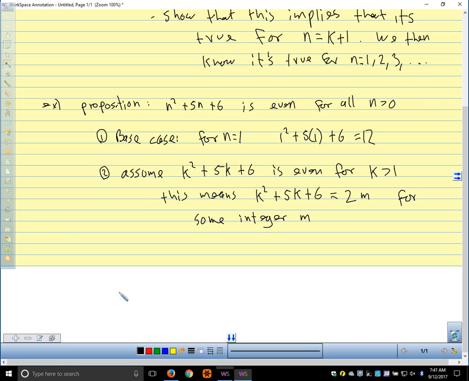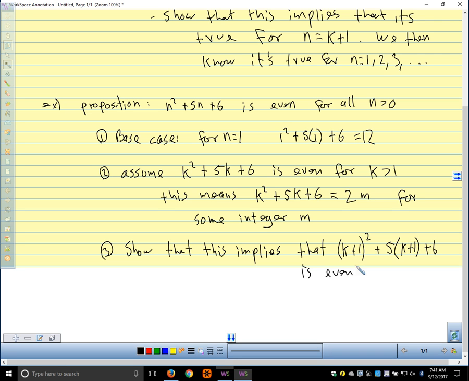Now, our third step is we have to show that this implies that k plus 1 squared plus 5 times k plus 1 plus 6 is even.